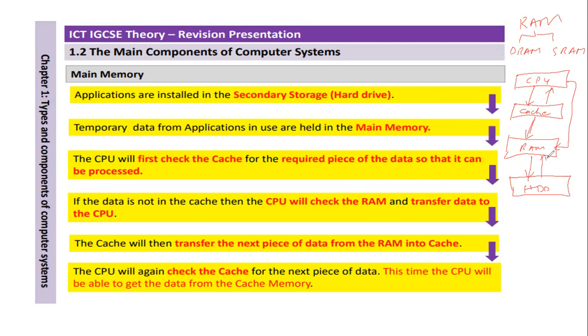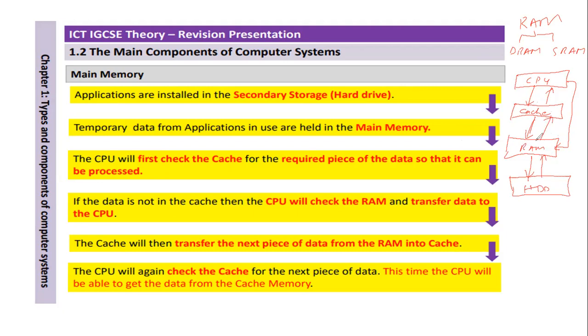The CPU will first check the cache for the required piece of data so that it can be processed. If the data is not in the cache, then the CPU will check the RAM and transfer the data. The cache will then transfer the next piece of data from the RAM into the cache. Even from RAM, data can go to cache. The CPU will again check the cache for the next piece of data.